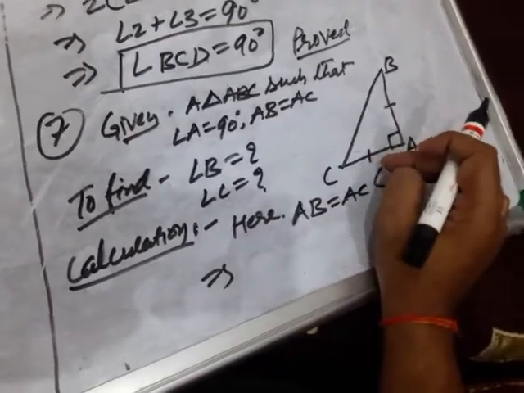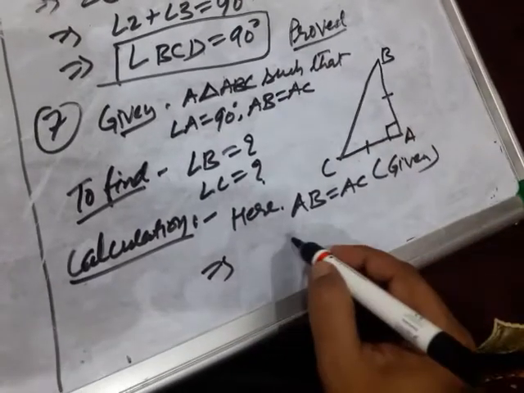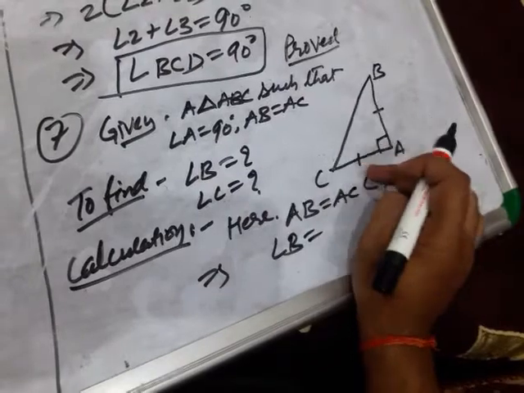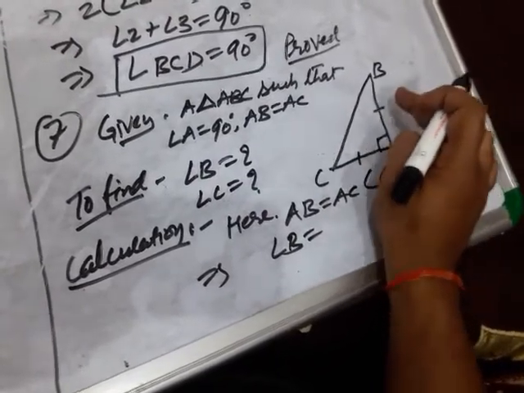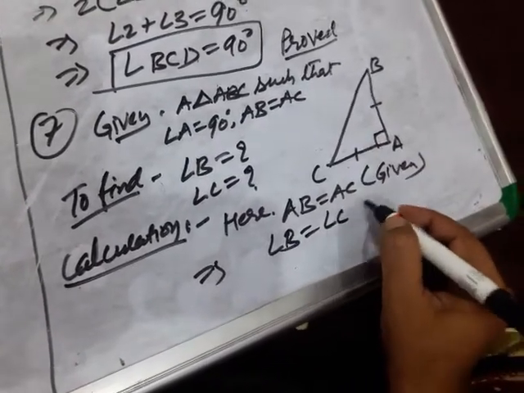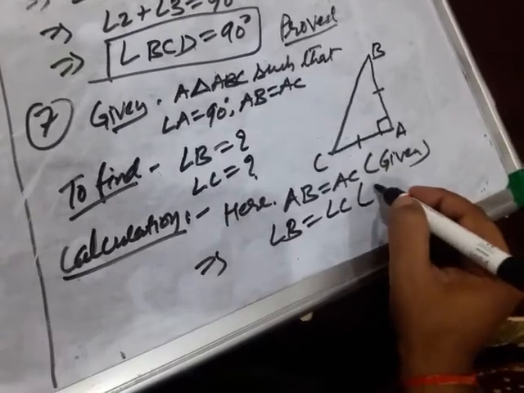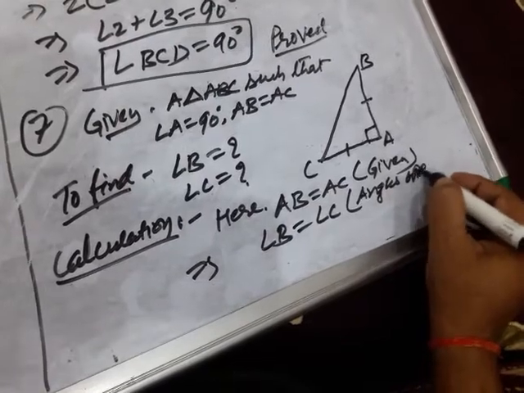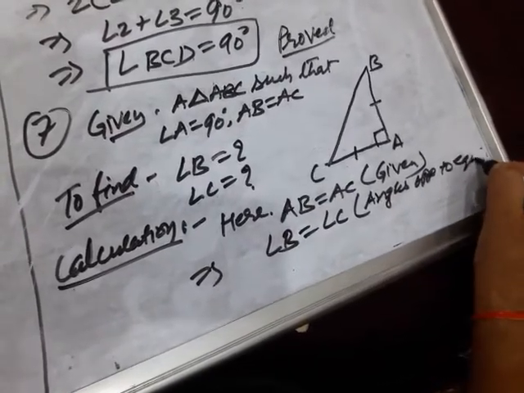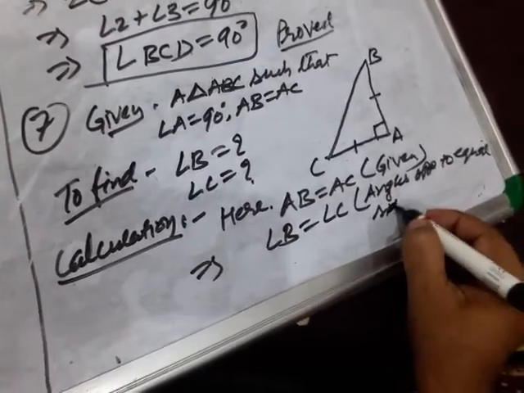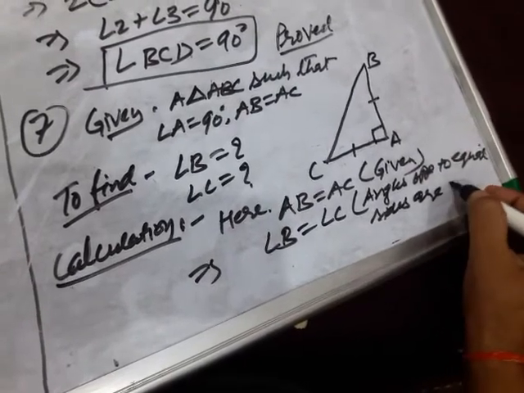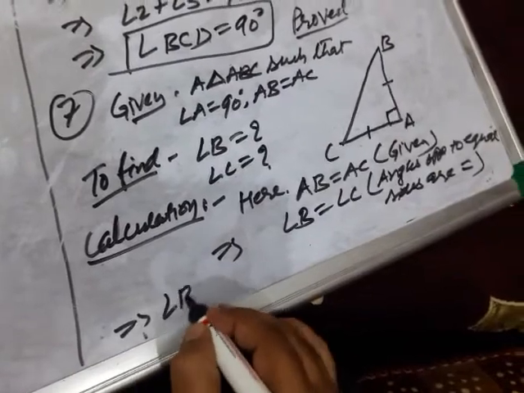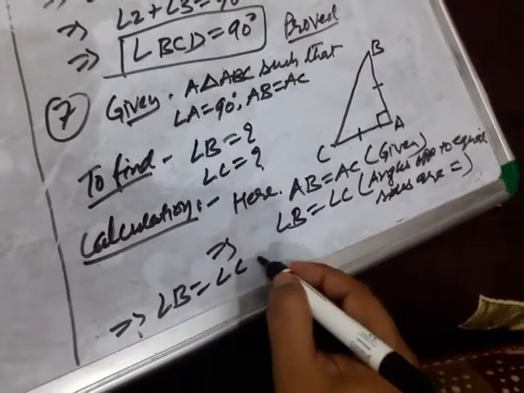Angle opposite to equal sides are equal means this angle, that is angle B, equal to angle C. Here we can write: angles opposite to equal sides are equal.